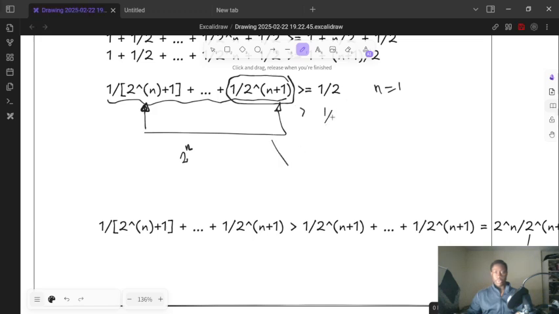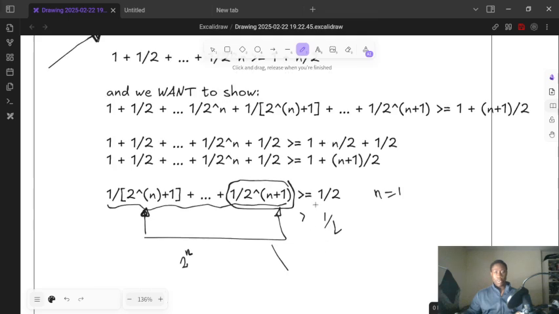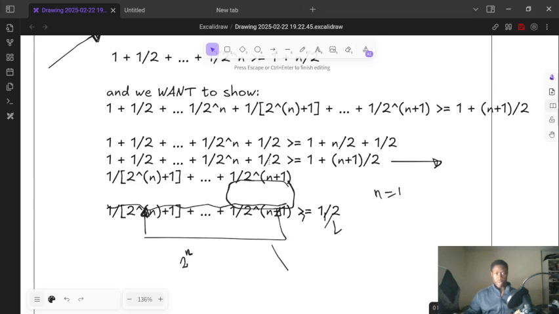And since we showed that, without any more work to do, we can replace the 1 over 2 that we have here by this missing part. We replace it. I'm just going to do it on a new line.